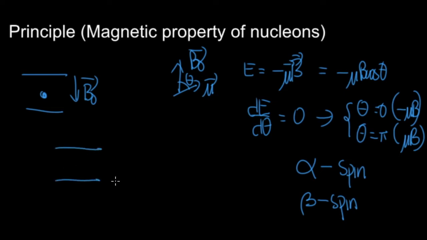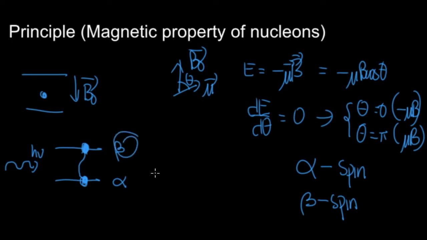There will be two states, alpha and beta. The proton is in the alpha state, but if we illuminate some light with appropriate frequency, we can push this proton into the higher state. This state is less favorable and is the beta state.